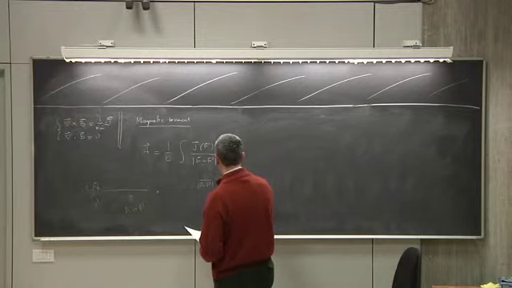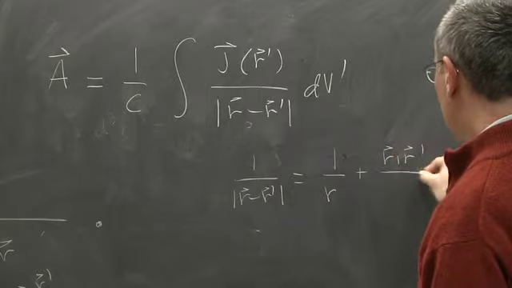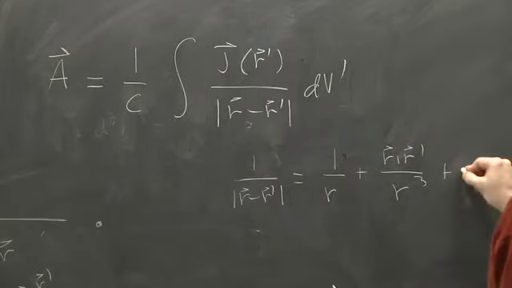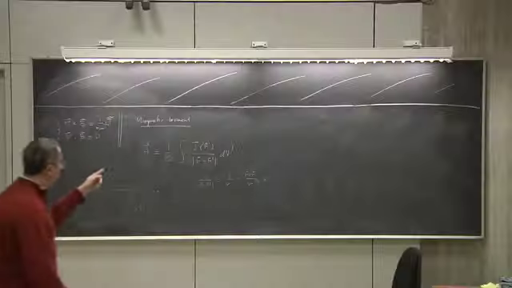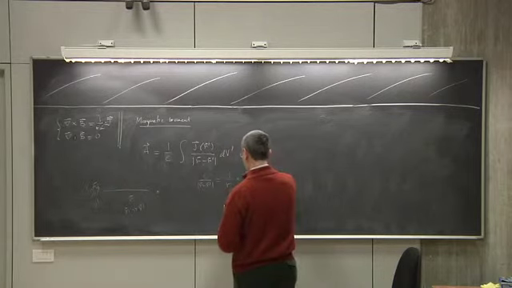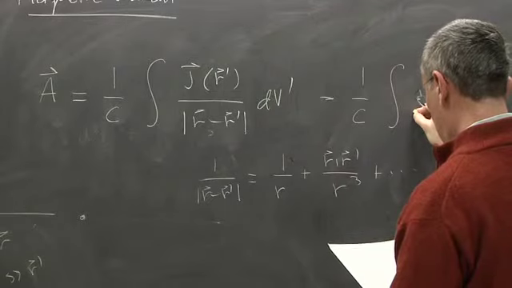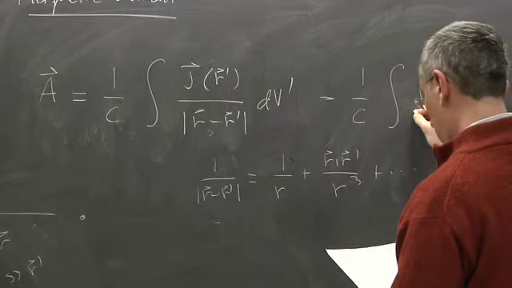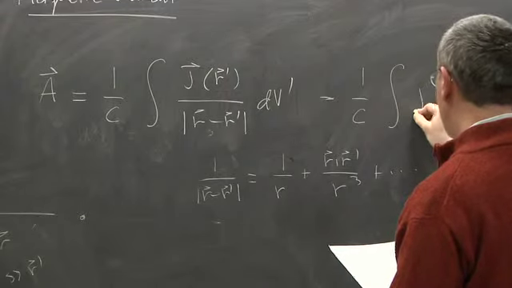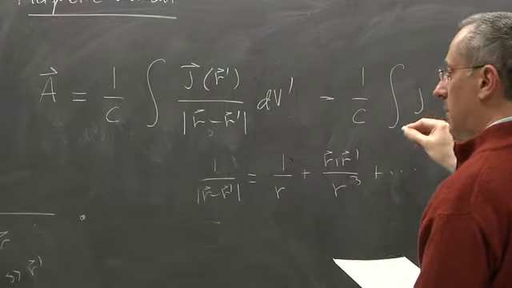So you remember that was a term 1 over R, the leading one. Then you had the term like this with the cube, and then quadrupoles and so on, but let's stop here. So if I do that and I include it in my integral, I get 1 over C, okay, I get this current J. Maybe it's easier to do it.